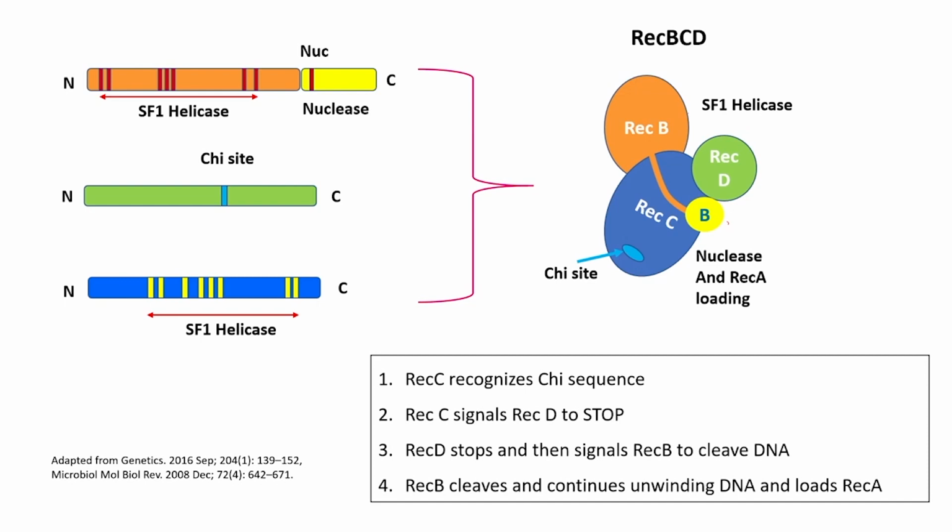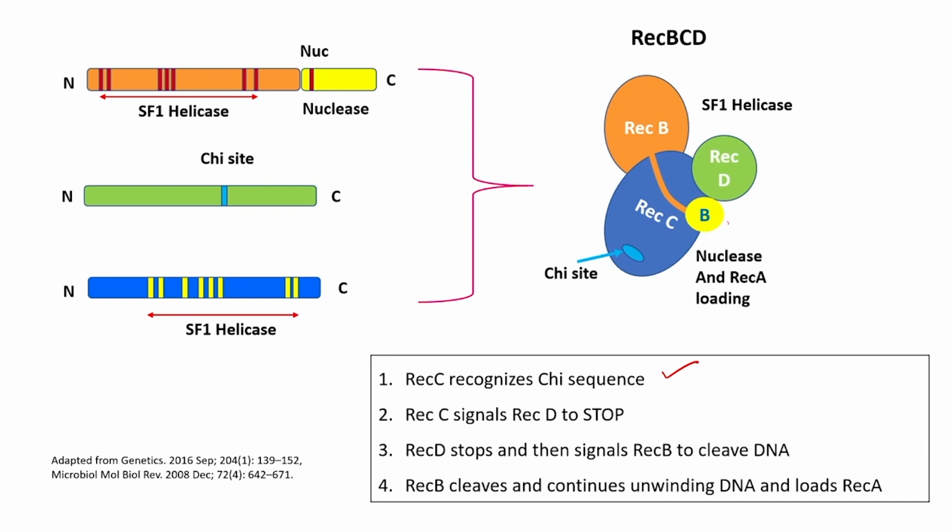Now, what are the different functions of these different constituent proteins? The RecC recognizes the chi sequence, as already told to you. Once it recognizes the chi sequence, it signals RecD to stop, not to go further.